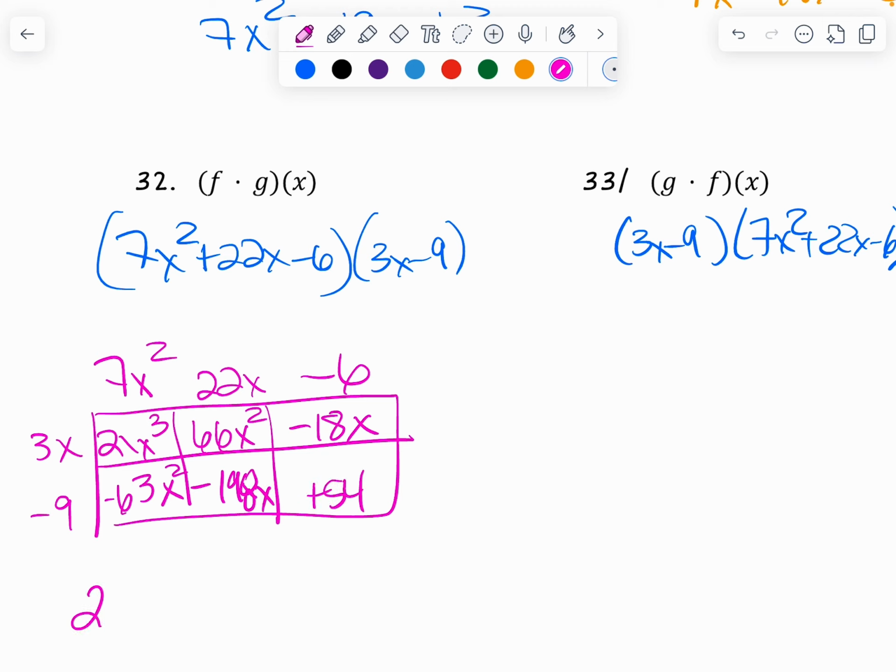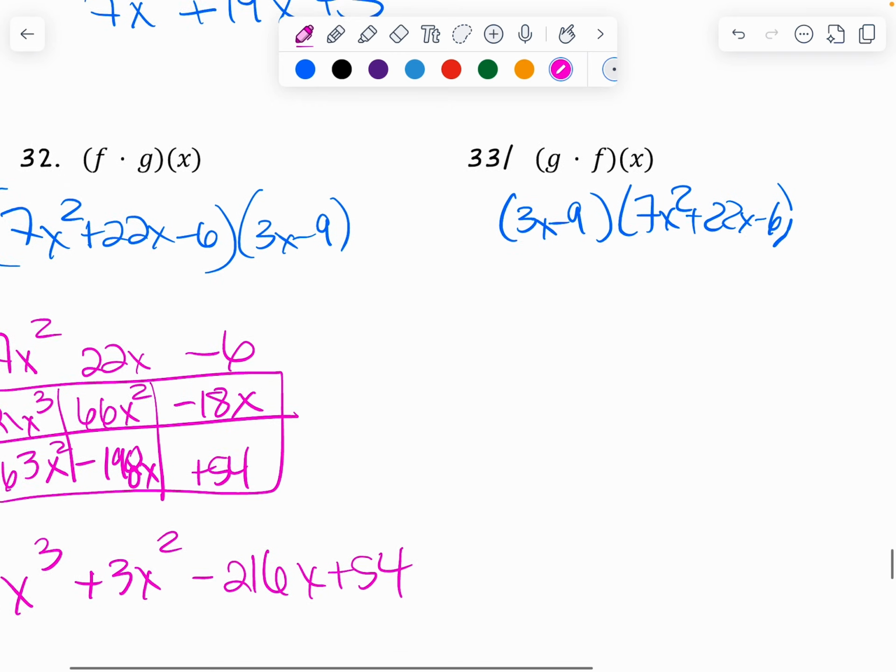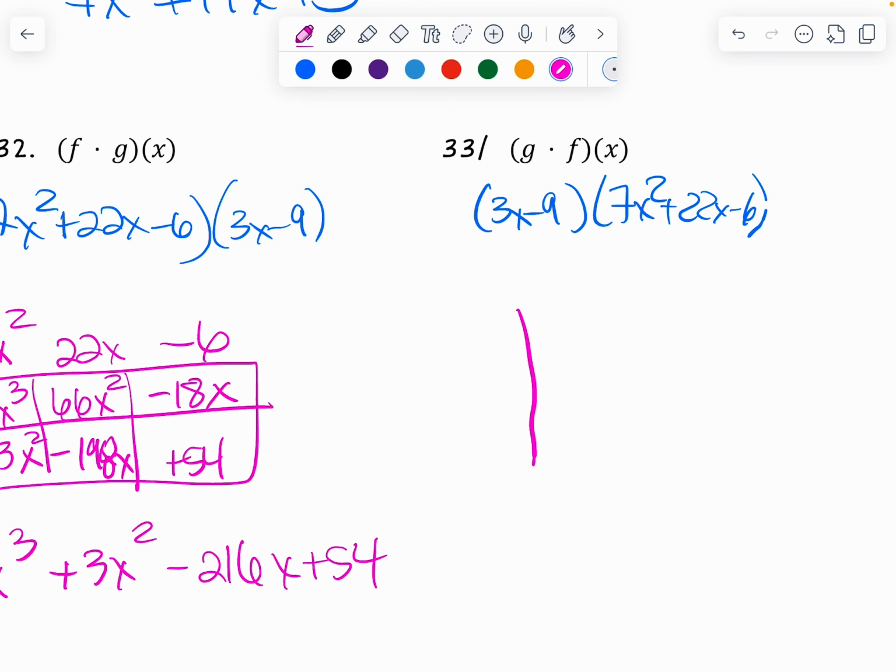So this gives us 21x to the third plus 3x squared minus 216x plus 54.